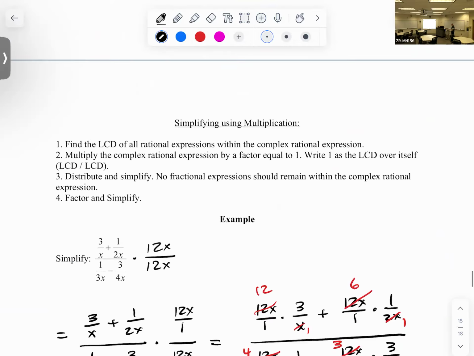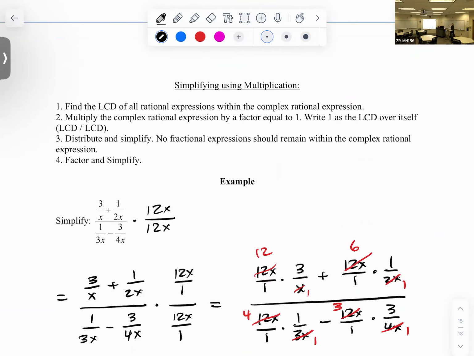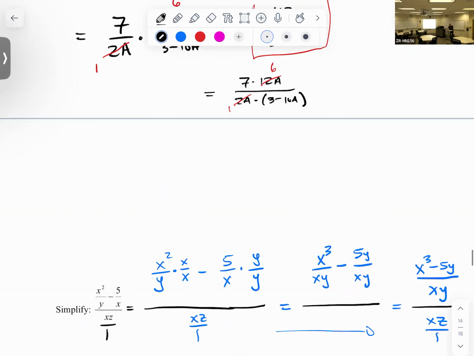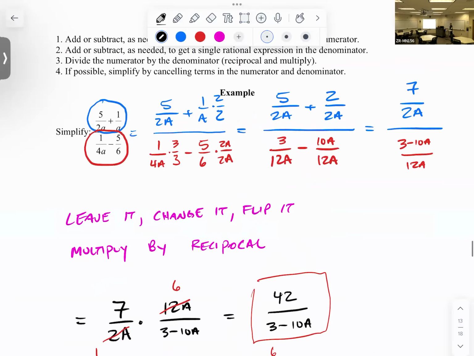But multiplication is really nice if you see something in it. Like I see all those denominators and I see they're all really close. That's when I say I want to do multiplication. When I look at denominators and they're all not close, this one actually could have lended itself to multiplication because I see the common denominator among all these is 12a.